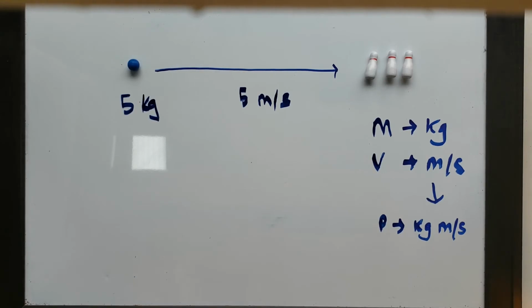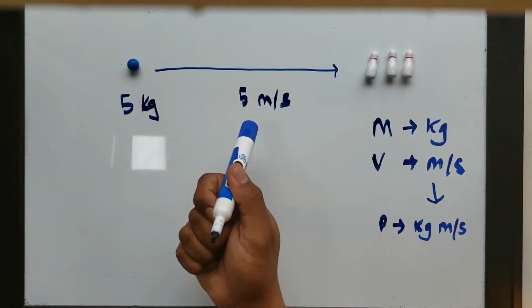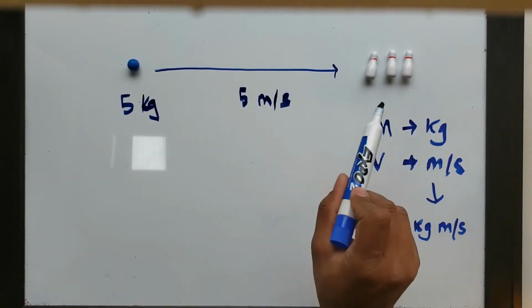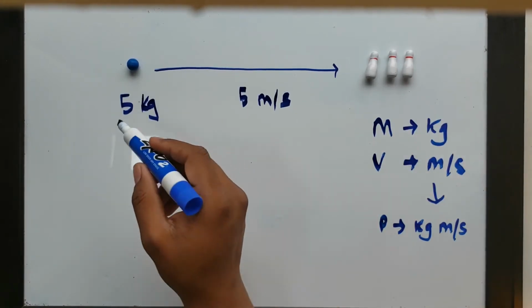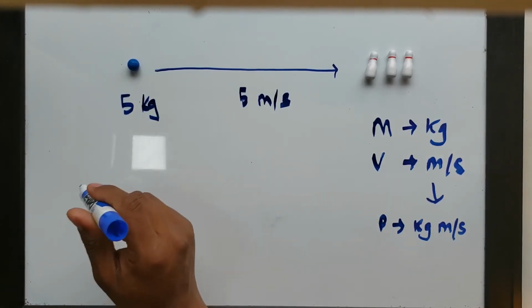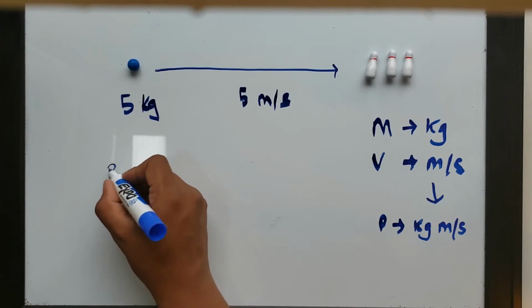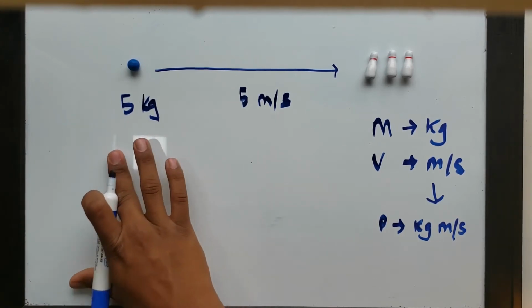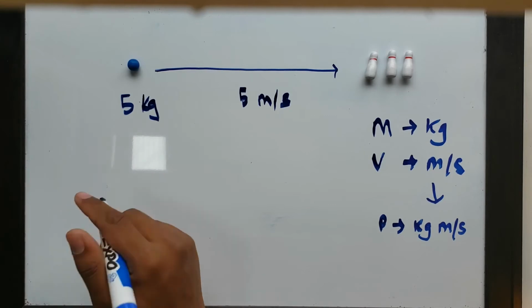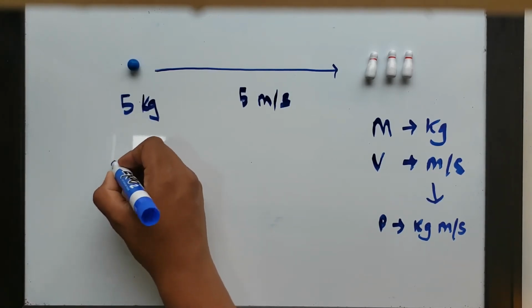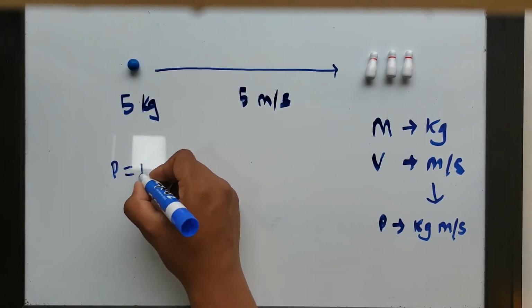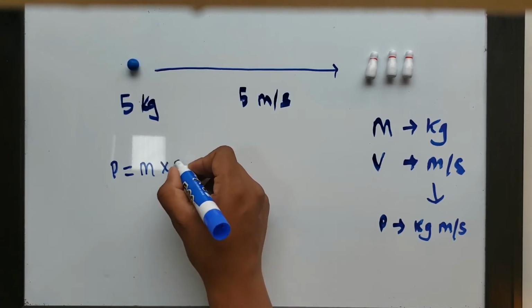Now let's calculate the momentum of the bowling ball while traveling to the pins. P, momentum, P is equal to mass times velocity.